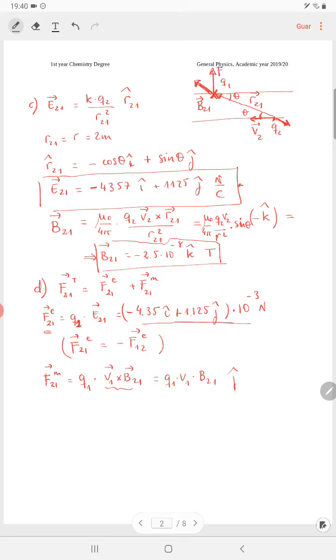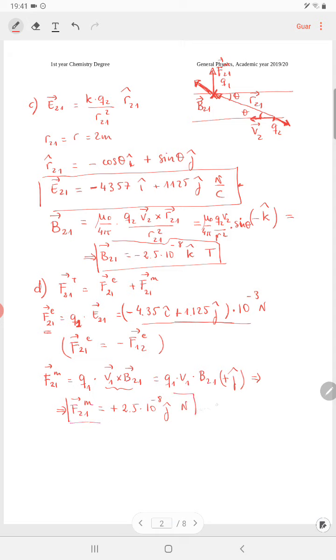So this is the magnetic force exerted by the second one on the first one, which is then plus j, because we've discussed it. So if you just calculate it, this F21, the magnetic one, is going to be equal to plus 2.5 times 10 to the minus 8 in the j direction, and this is Newton.